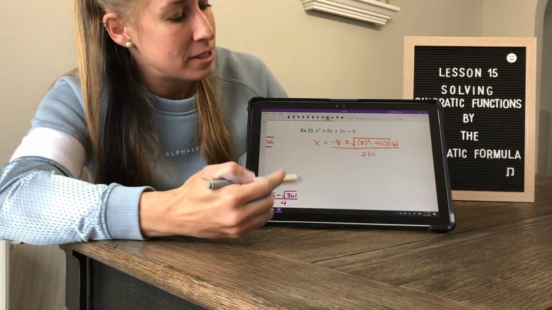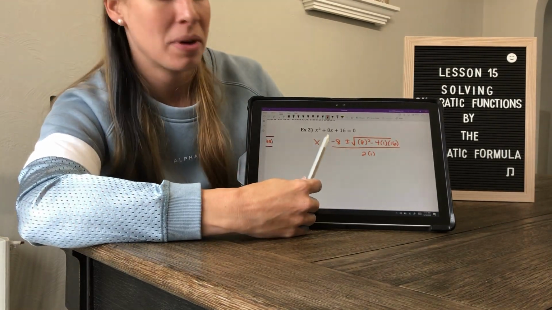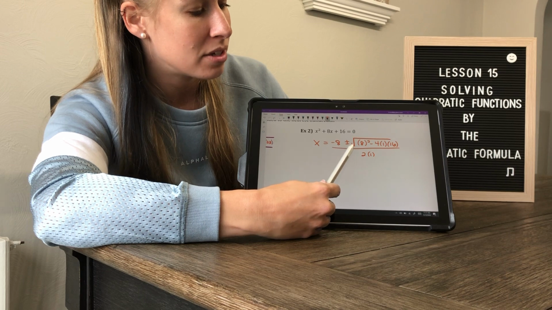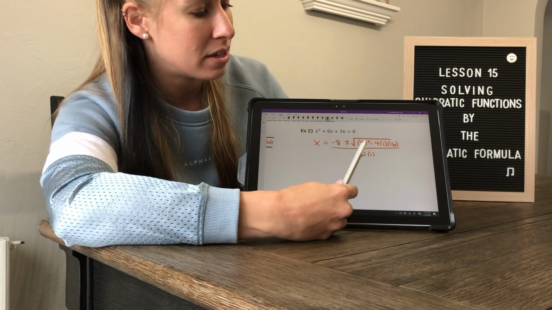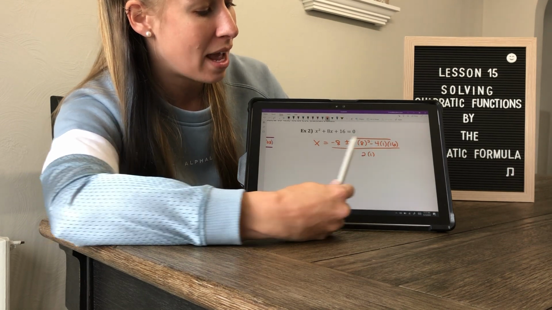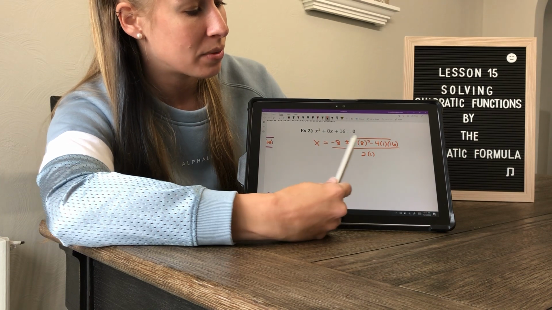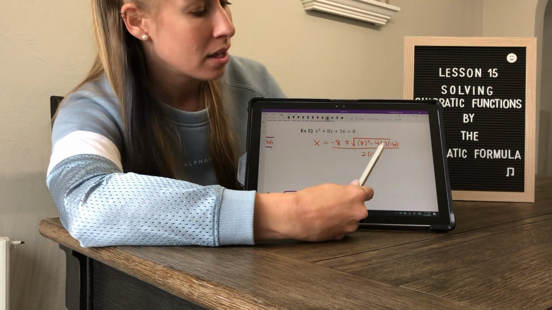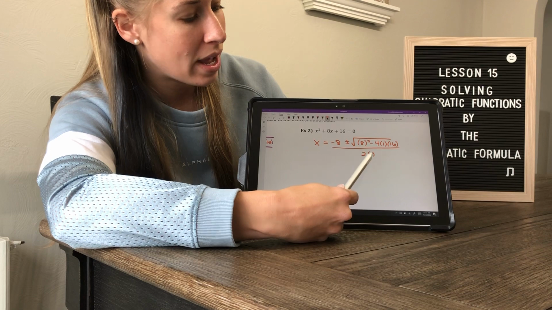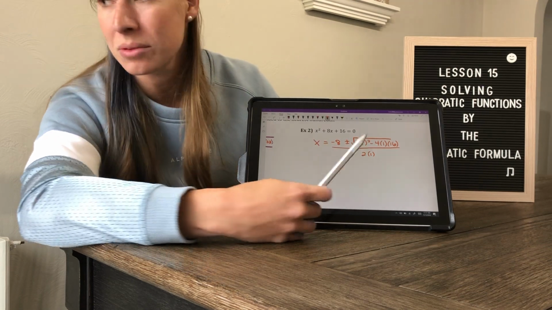And what you should notice, the opposite of b, so we want negative 8, plus or minus the square root b squared, so 8 squared, minus 4 times a. The leading coefficient of x squared is 1. Okay, c all over 2a, so we've got our 2 times 1.